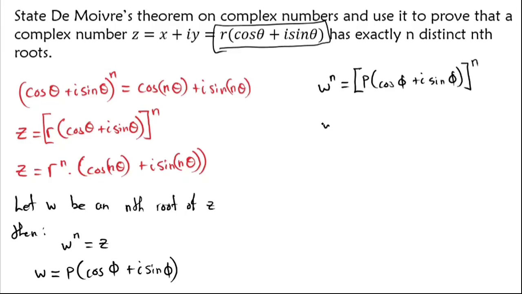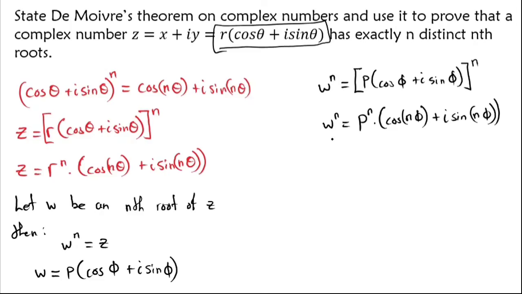So if I push in that n by using De-Moivre's theorem, then this will become p raised to the power n, open bracket, cos n phi plus i sin n phi, like this.